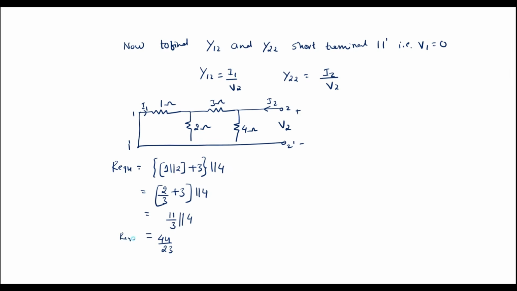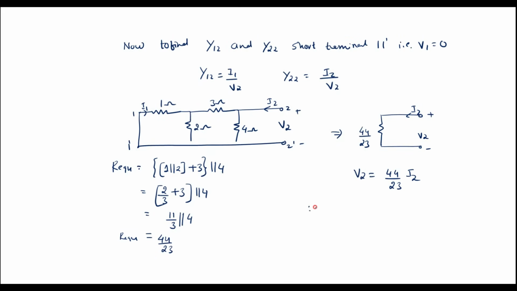That is R equivalent equal to 44 by 23. So I have reduced this circuit to this: 44 by 23, and here we have V2 and this is I2. So from this I can write V2 is equal to 44 by 23 I2.